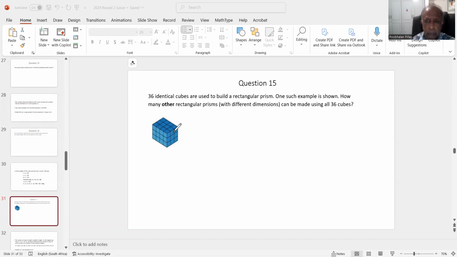All right. Now they say one such example is shown. How many other rectangular prisms with different dimensions can be made using all 36 cubes?